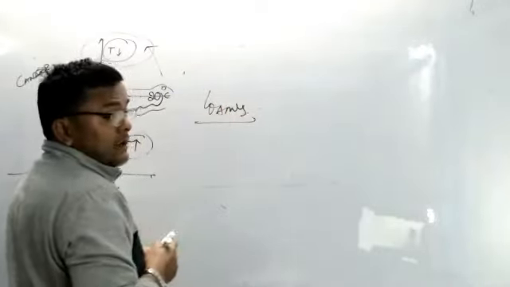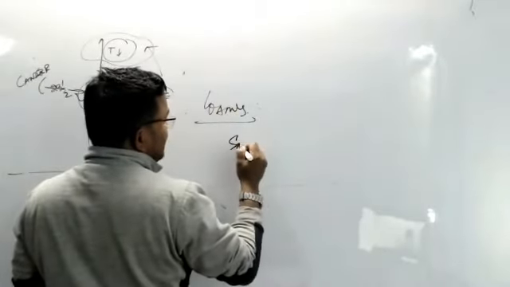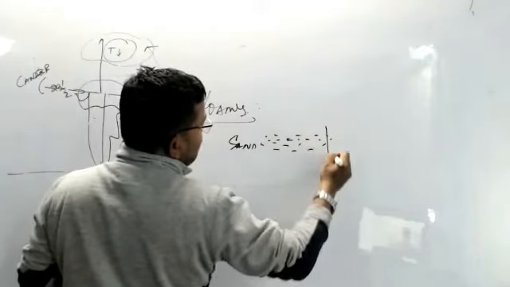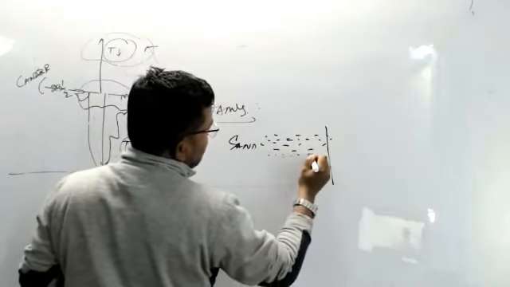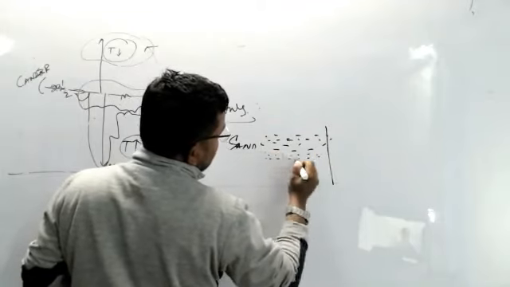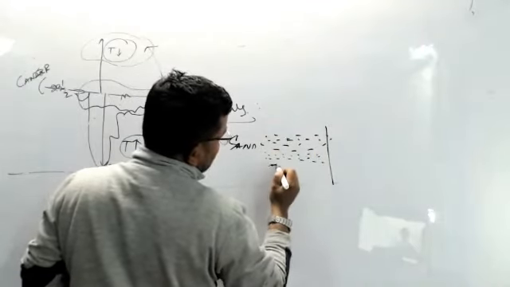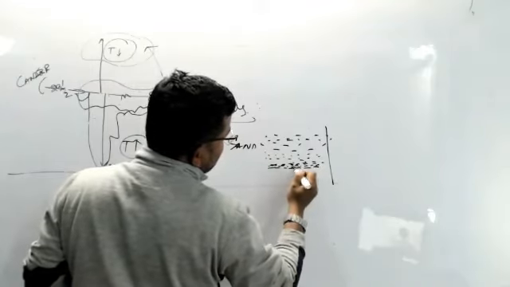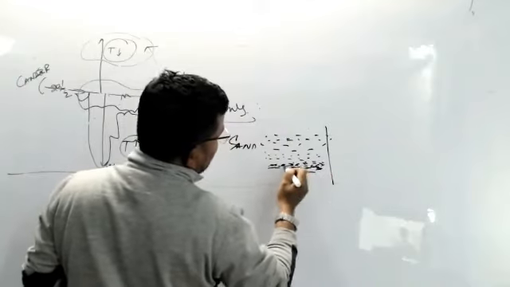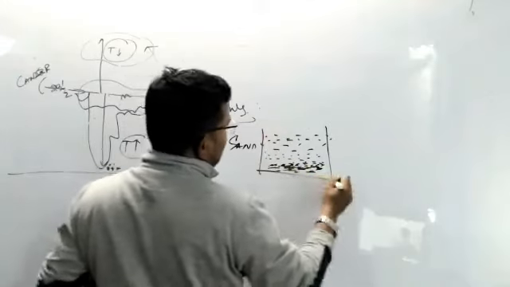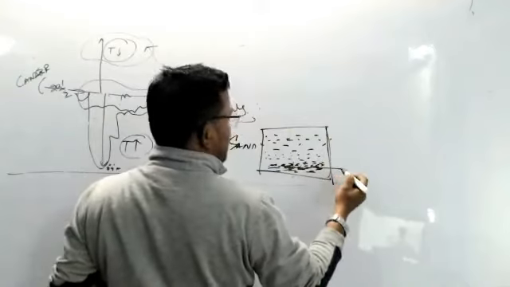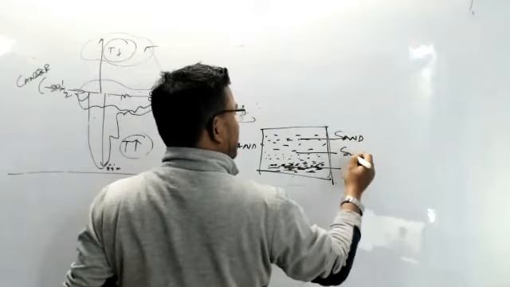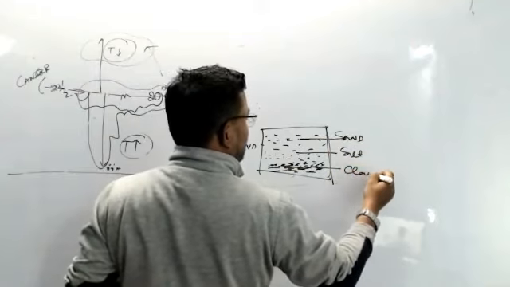Loamy means here, this is sand, right? The thick particle is sand, and this thin particle is called silt. And this part, which is the more sticky part and doesn't have that much porosity, is clay.